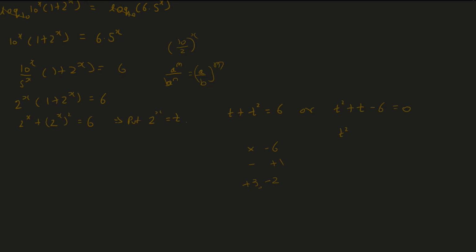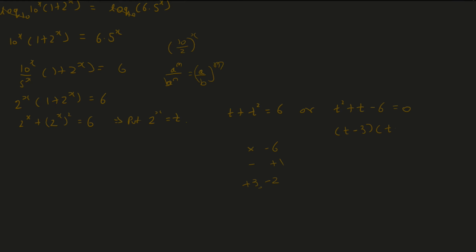So this is t squared plus 3t minus 2t minus 6 is equal to 0. Or instead of doing this, we know that if alpha and beta are two roots of a quadratic equation, then (x minus alpha)(x minus beta) is just going to be the solution.